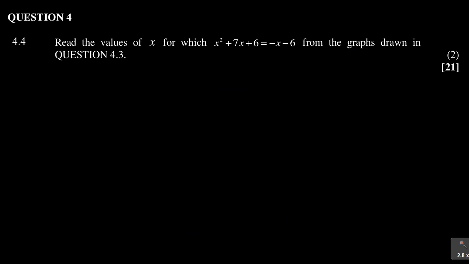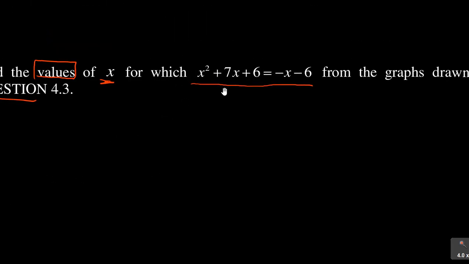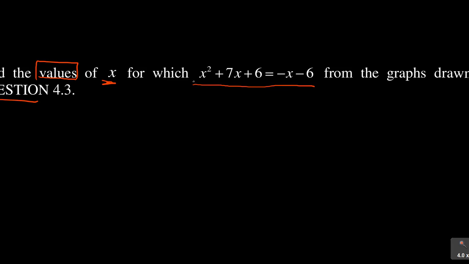Now if you move on to the next question, which is the last one, it was 2 marks, but the total of this section was 21 marks. It says read the values of x. They say values, which means more than one. The values of x for which that holds, from the graph drawn in the previous question. So you're using a graph, and they are saying from x squared plus 7x plus 6.